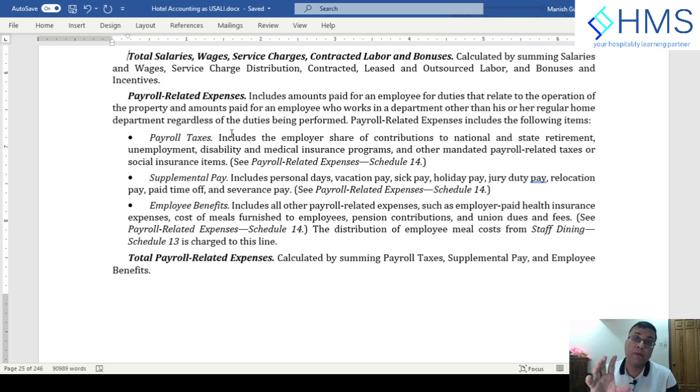So the number of days leave will be charged to the provision that every month we are accumulating, so that we don't really charge the P&L with the 10-day leave in 1 month or in 2 months.